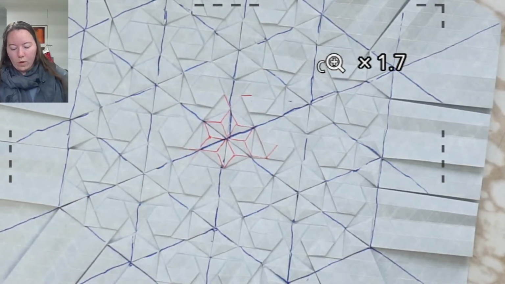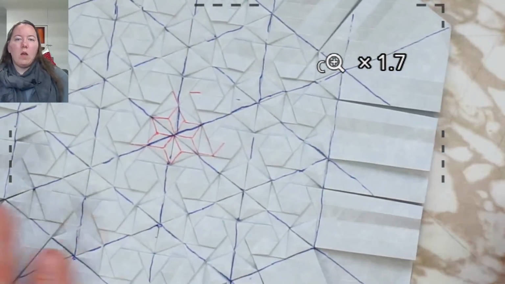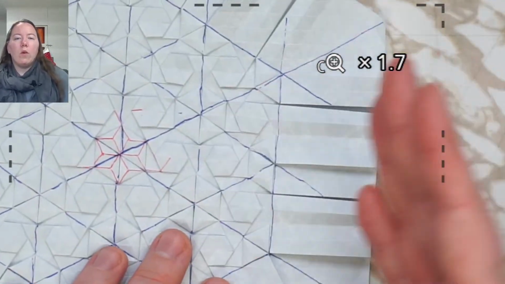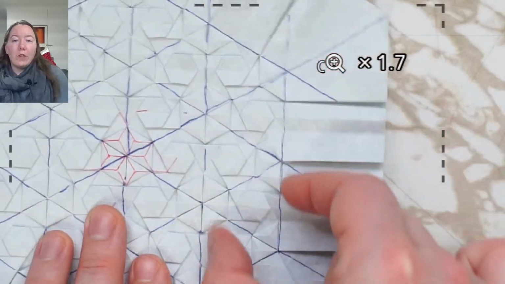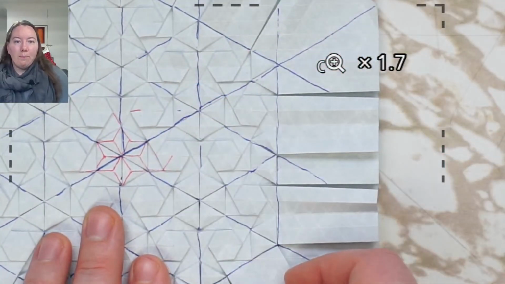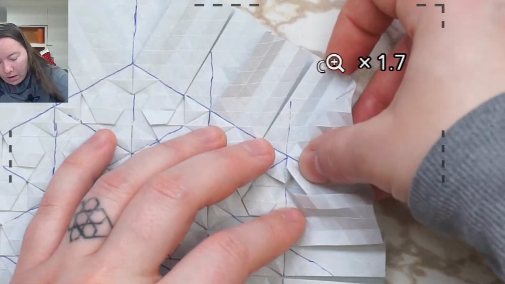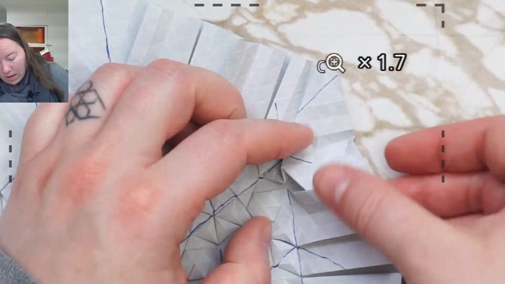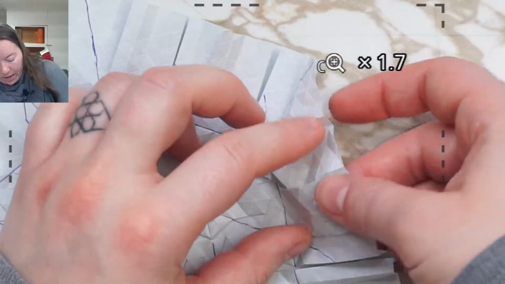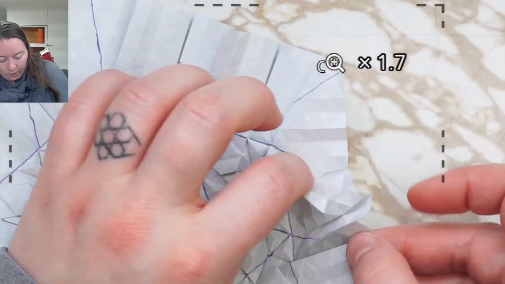Okay, so if I were to go for the whole chunk at a time, I would be adding on a triangle and going ahead and squashing that triangle.